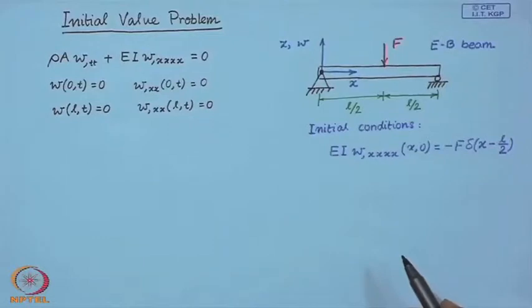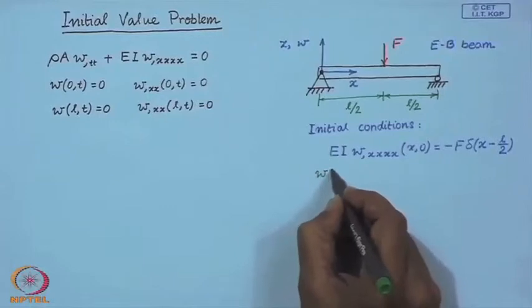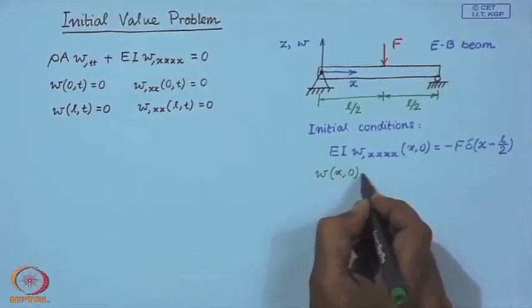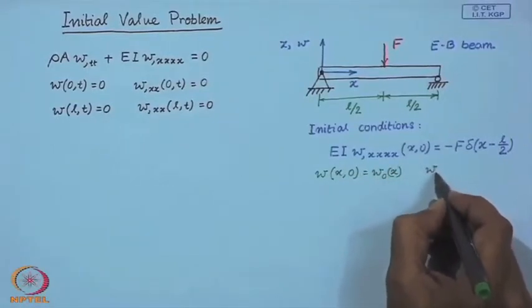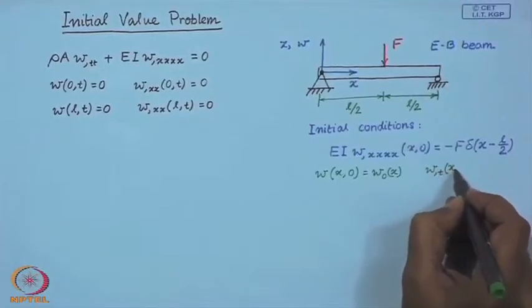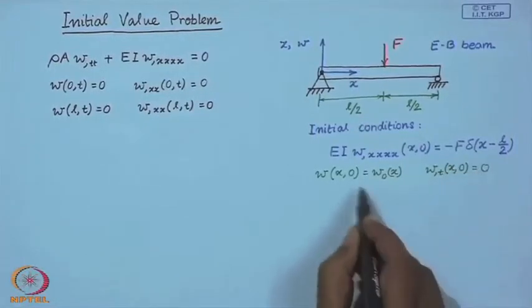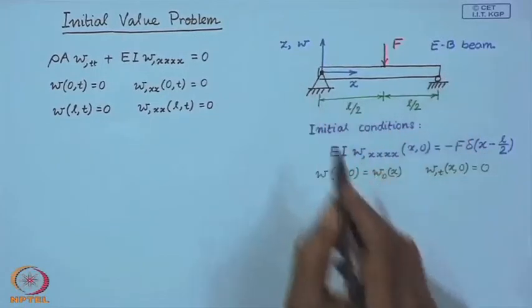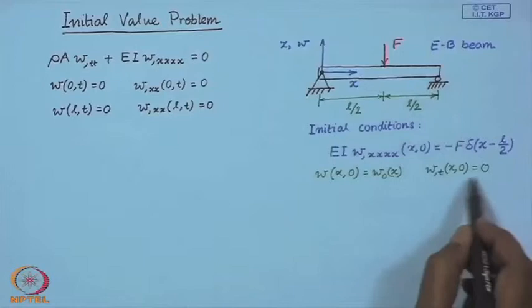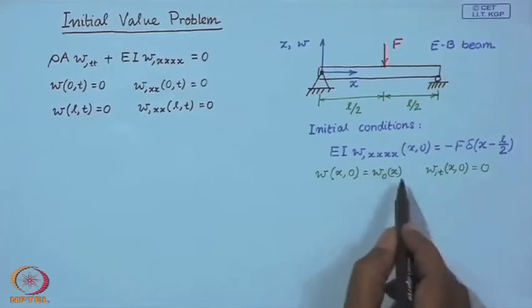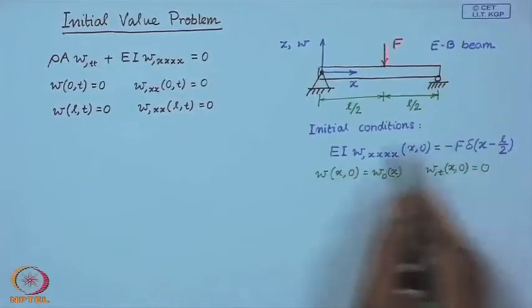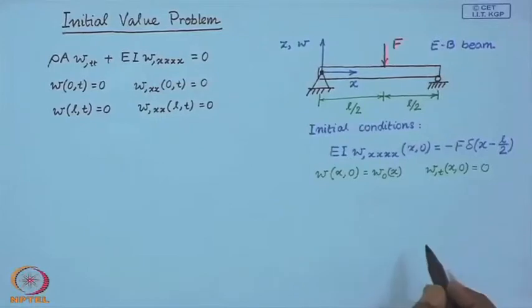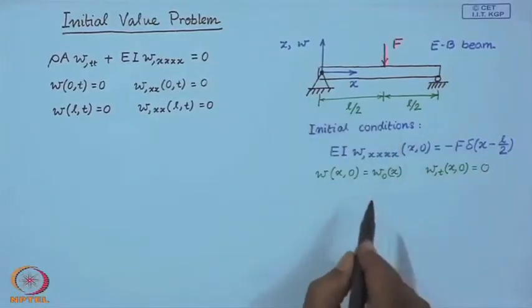If you solve this, then you will obtain the shape, and we assume that initially at time t equal to 0 the velocity of the beam is 0 and this is the shape. We can substitute this in here and integrate out to determine the initial shape of the beam, but we are not going to do it immediately.